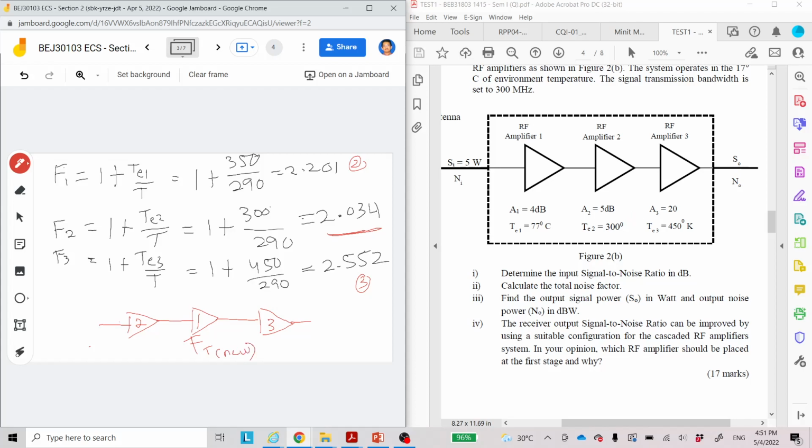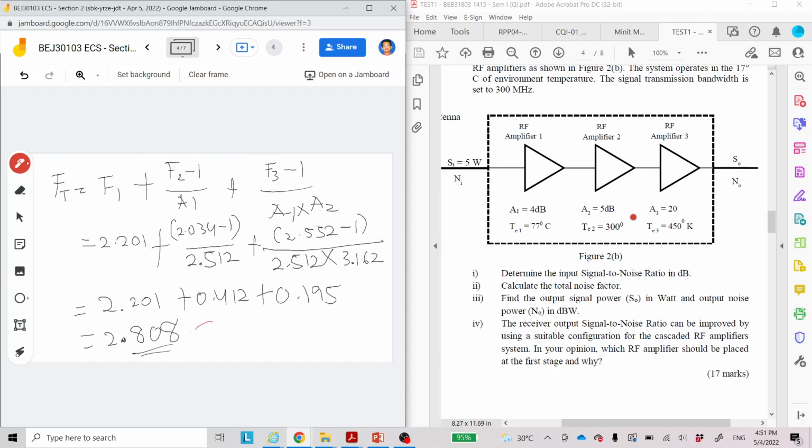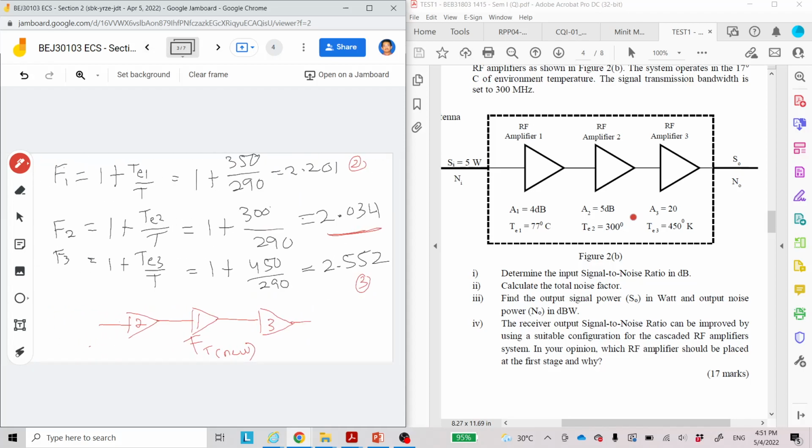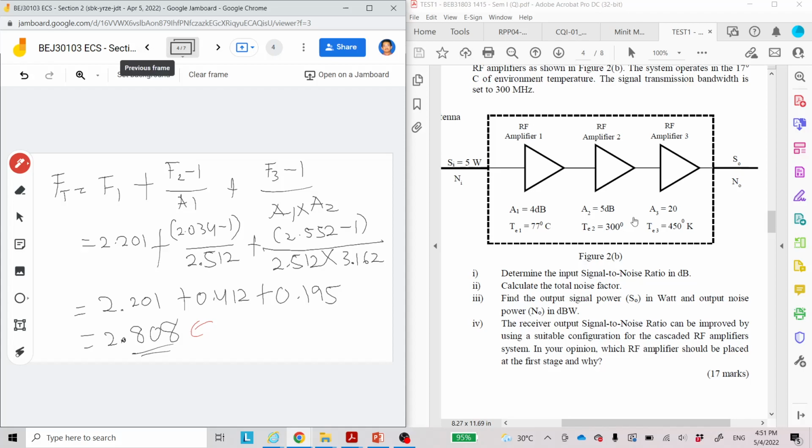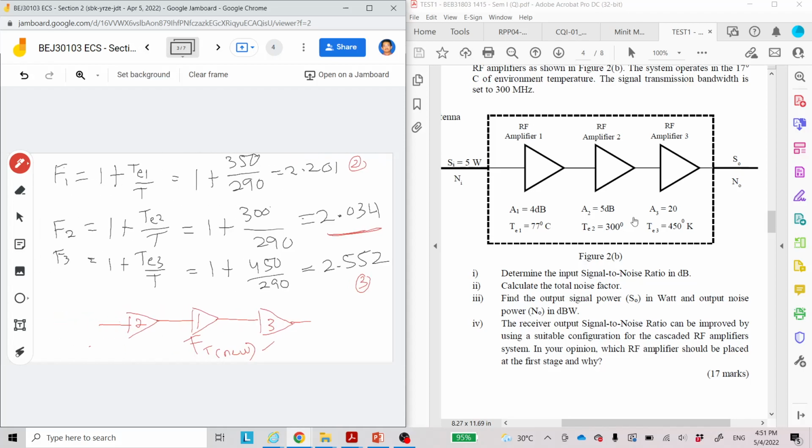I'm confident that the new F total is less than this one, the new total noise factor is less than this one if we do the combination like this. But the question doesn't ask that, so you just need to show the combination and the reason why.